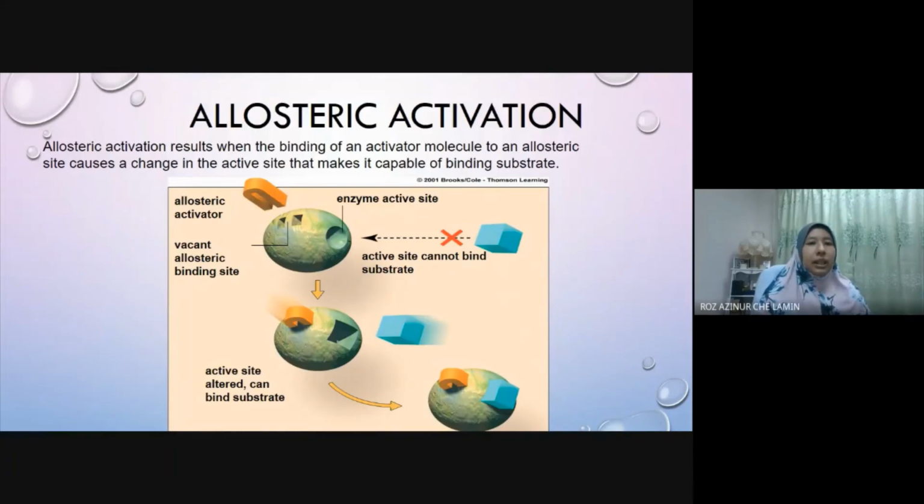Okay, this is the allosteric site. So what happened here? The enzyme cannot bind with the substrate. So when the allosteric activator binds at the allosteric binding site, the shape of the active site will change, compatible to the substrate, so the substrate can bind to the active site. So the reaction can happen.